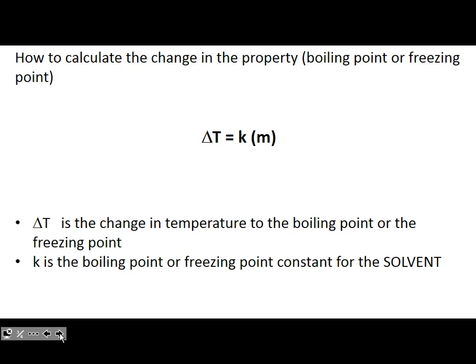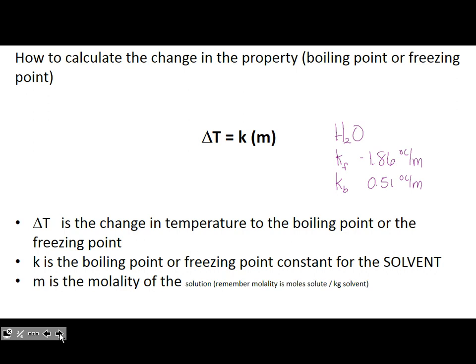So for water as a solvent, the freezing point constant, Kf, is 1.86 degrees Celsius per molal solution. And the boiling point constant, we'll call that Kb, is 0.51 degrees Celsius per molal solution. If you have a solvent other than water, just look up the freezing point or boiling point constant.